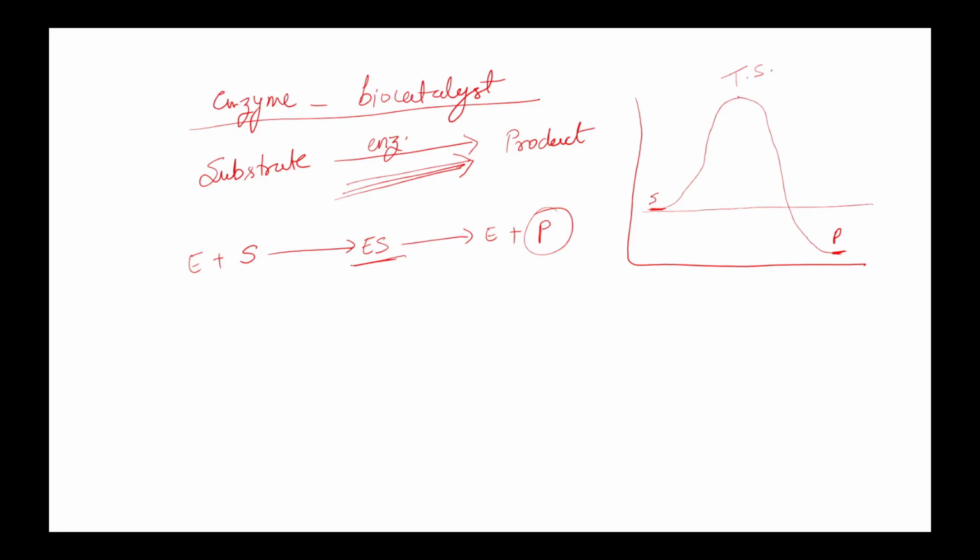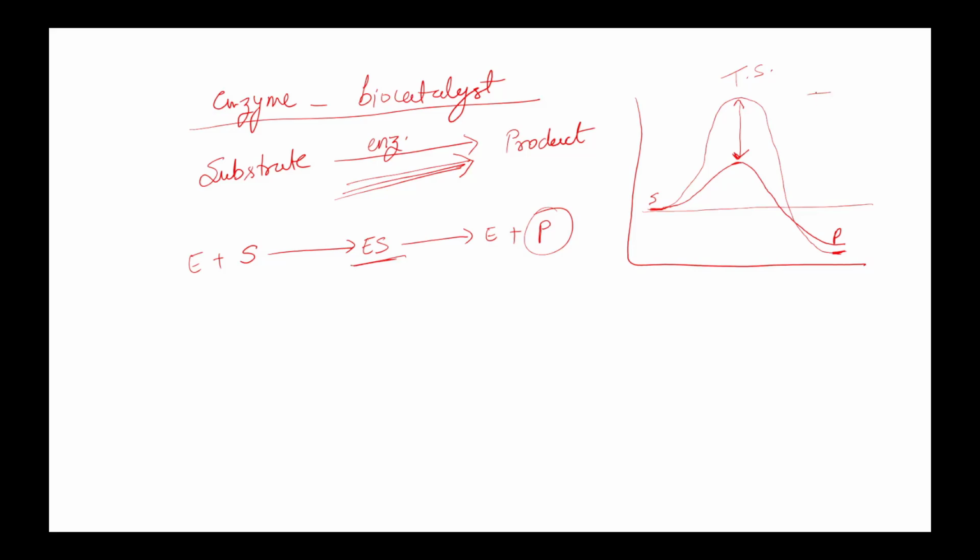So it brings it down here, and now it is easier for the substrate to cross this energy barrier and get converted to the product. This is the reduction in the activation energy which is caused by the enzyme.